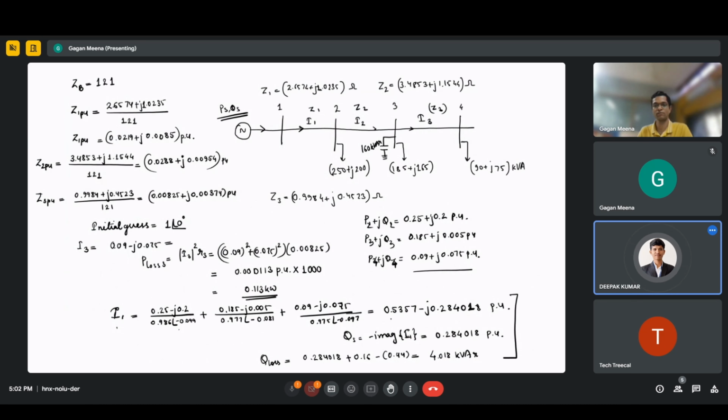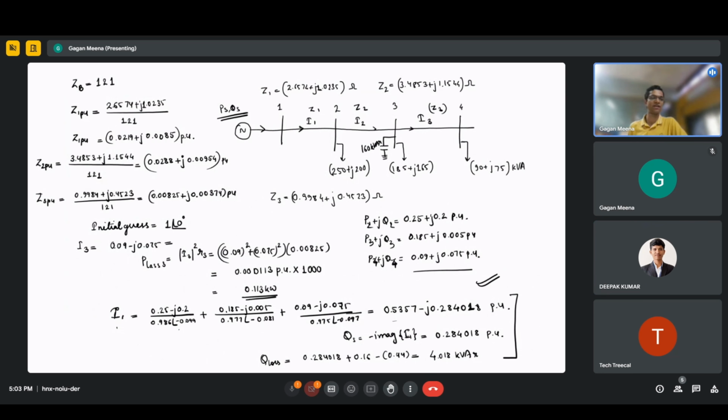Zero point. Let's verify this one, I1. If this is correct, the answer will be correct. Some decimal points may differ. Yes, sir. How much are you getting? It is correct. Okay, so this is correct.